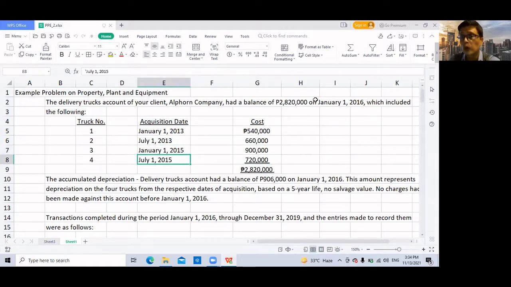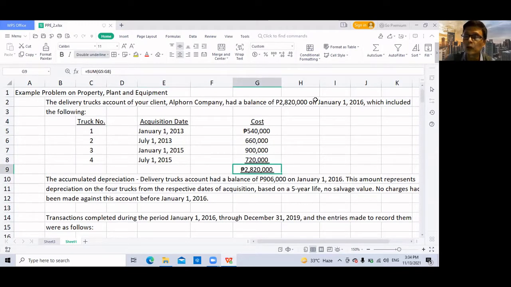And truck number 4, that's July 1, 2015, 720,000 for a total of 2,820,000. Says here, the accumulated depreciation delivery trucks account had a balance of 906,000 on January 1, 2016.